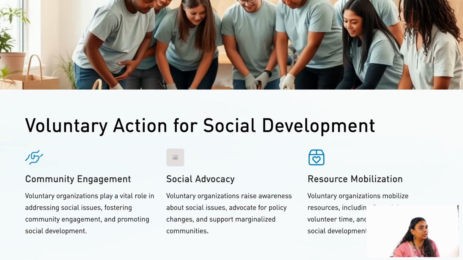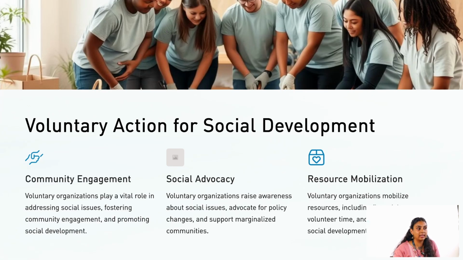What is voluntary action in social development? Voluntary organizations are key in social development, mobilizing resources and promoting community engagement. Social workers and volunteers collaborate to address social issues and advocate for policy changes.